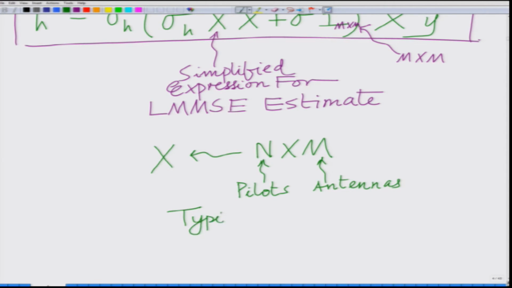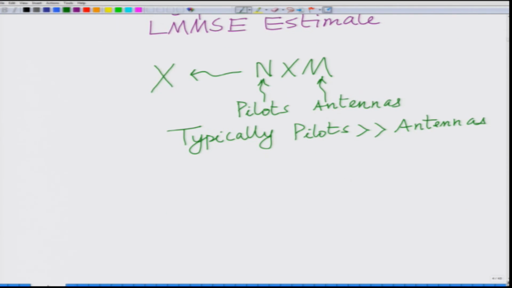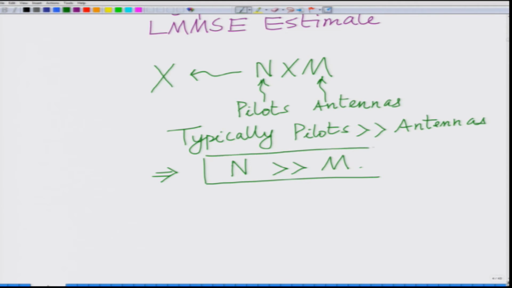Typically, the number of pilots is much greater than the number of antennas, which implies n is typically much greater than m.